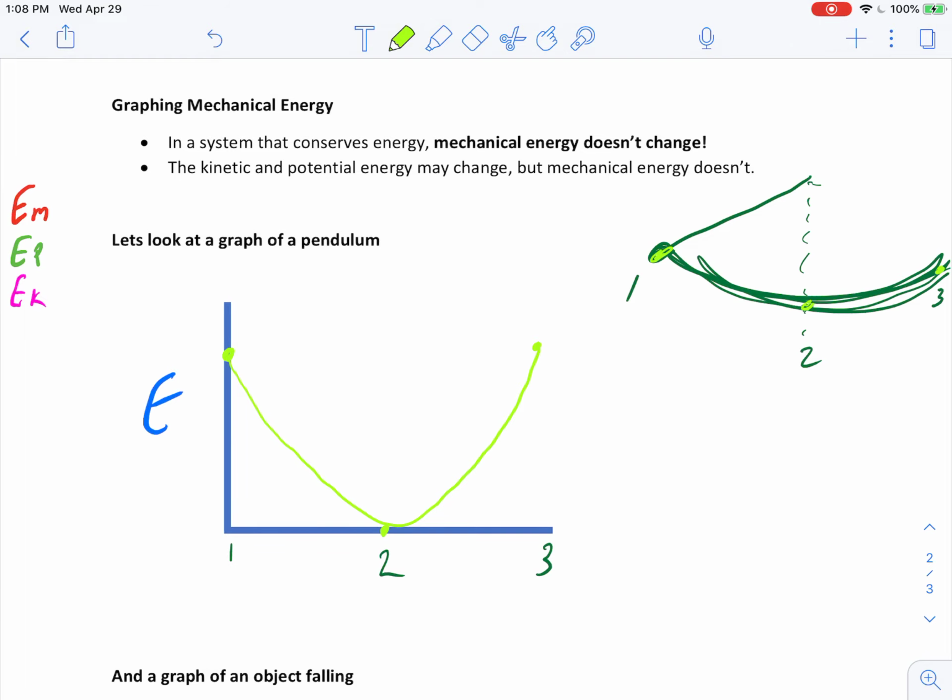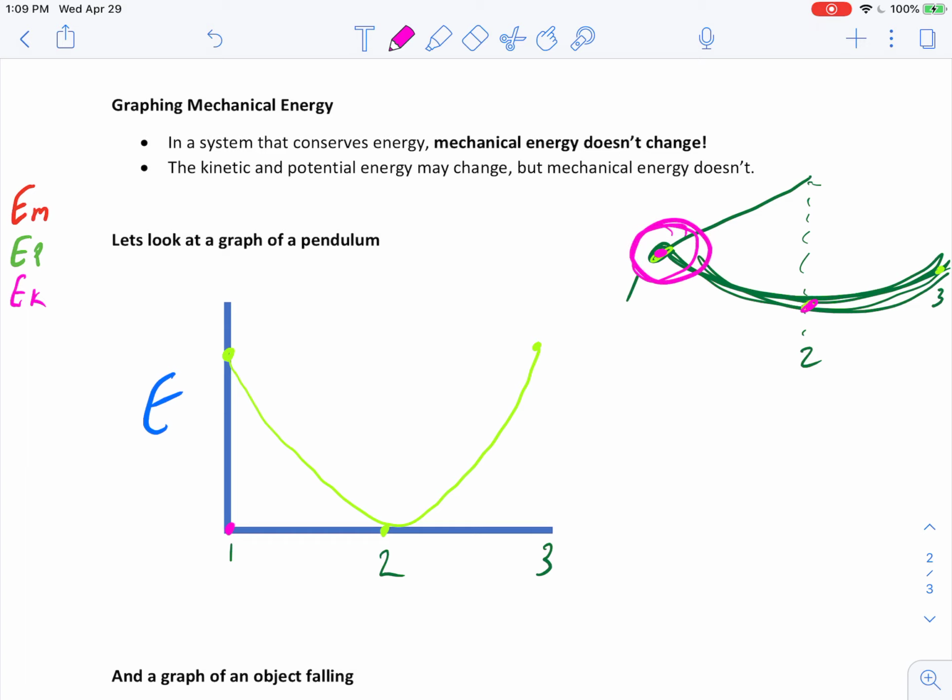Now let's look at kinetic energy. At the beginning, right before you let go, you have 0 speed, meaning you have 0 kinetic energy. But at point 2, you have a maximum amount of kinetic energy. But how much energy do you have? Well, you're going to have the same amount that you had as potential energy at the beginning, because energy can't be destroyed.